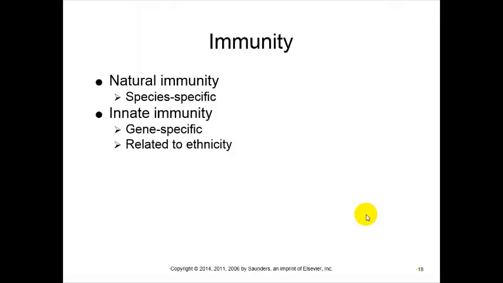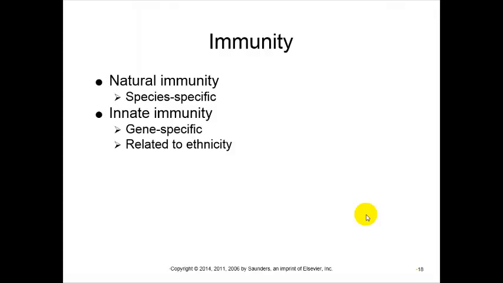Then we also have an innate immunity, which deals with the specific genes each one of us have, and typically we see this gene specific, and a lot of it has to do with our lineage, our heritage that has been passed down. So it's related to ethnicity.